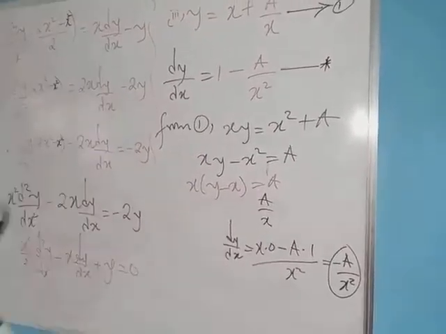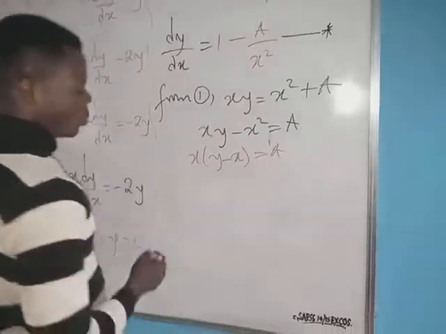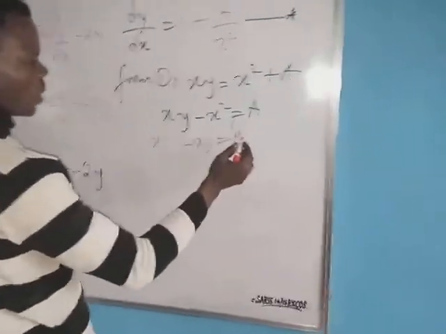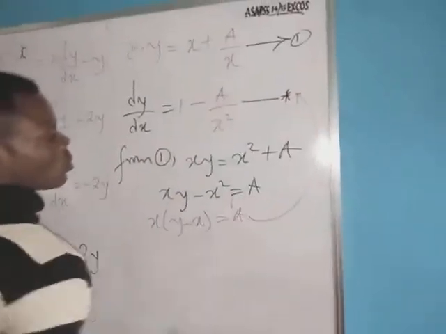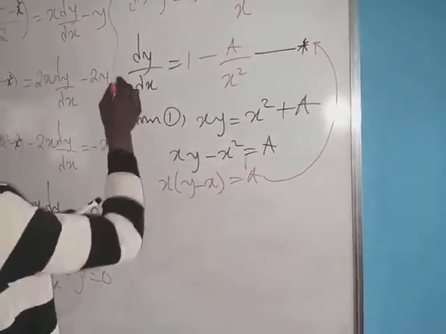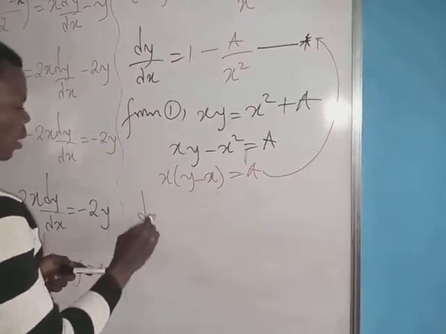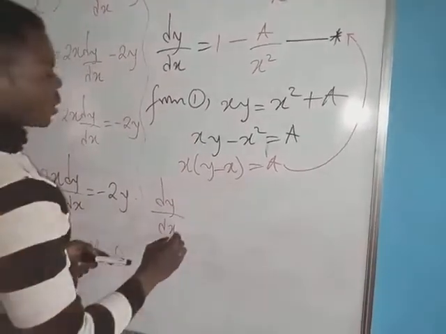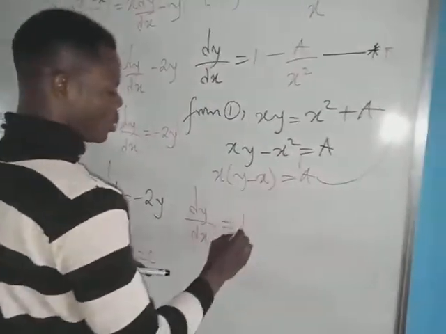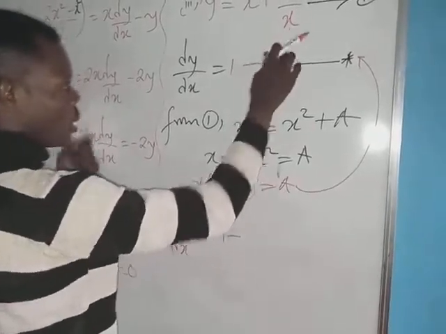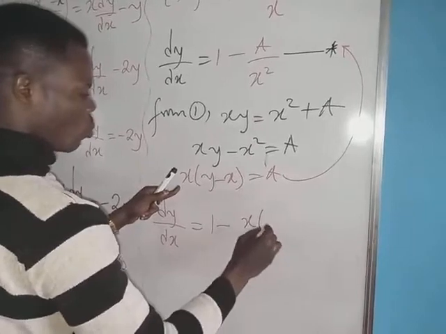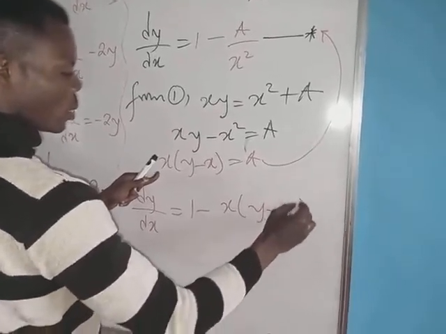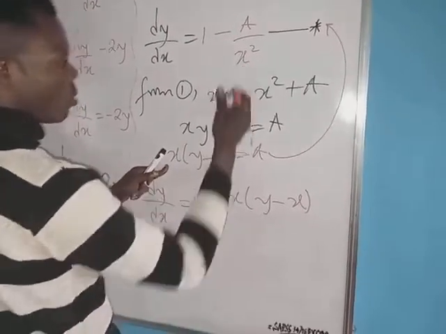Now I want to substitute this a into this, and we now have dy/dx equal to 1 minus x into y minus x all over x squared.